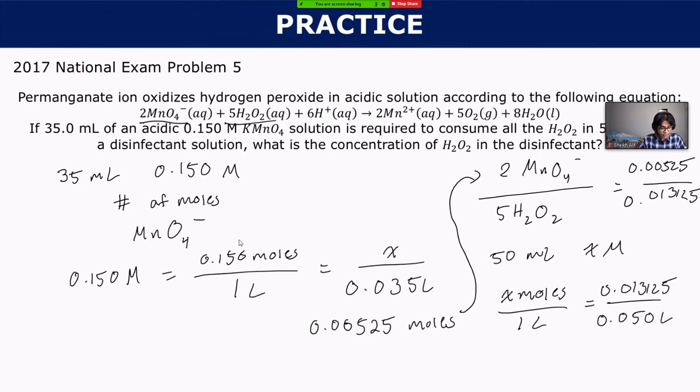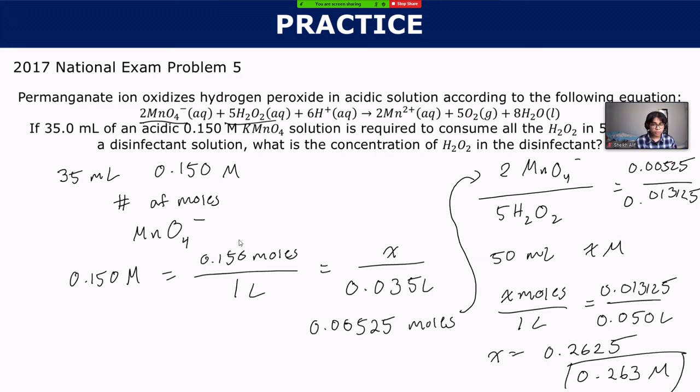And using this information, we can determine the molarity. Let me just do that real quick. And the molarity is 0.2625. I think on the answer sheet it's 0.263 molar. And that is the answer.